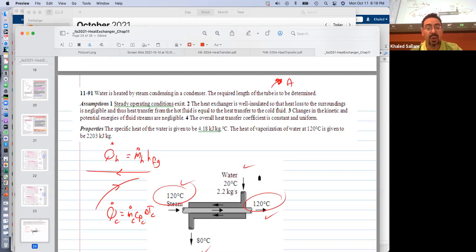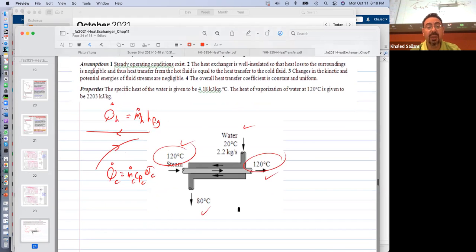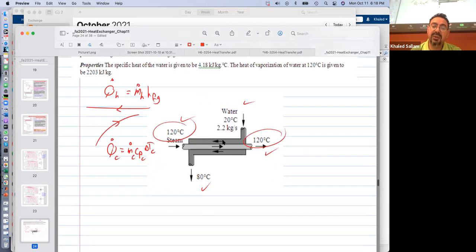Okay? So you notice that we need the 4 temperatures to be able to do this. In order to calculate the logarithmic mean temperature difference, delta T1 minus delta T2 over ln delta T1 over delta T2, we need the 4 temperatures. So this method is perfect when you know all the temperatures. Then it's a piece of cake, right?